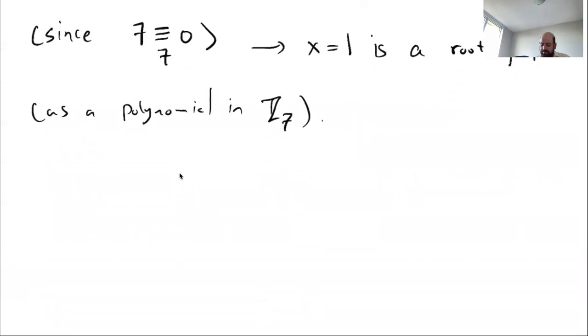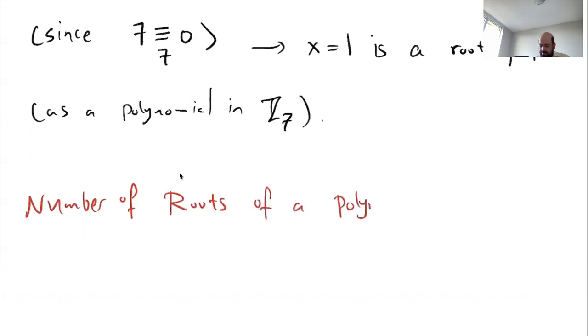So question: the number of roots of a polynomial.